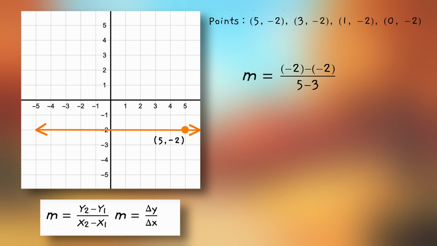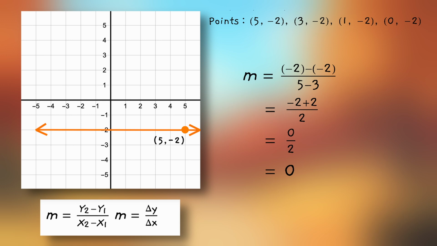Now -2 minus -2 is the same thing as -2 plus 2, because when you subtract a negative, it turns into adding a positive. And 5 minus 3 is 2. So this gives us 0 divided by 2, which is 0. So the slope of any horizontal line is 0.